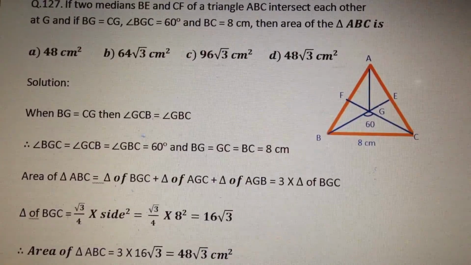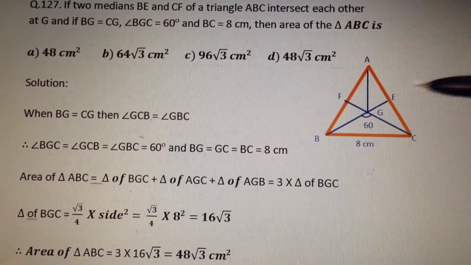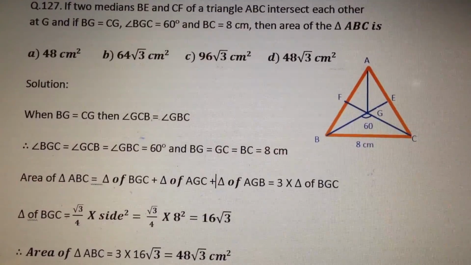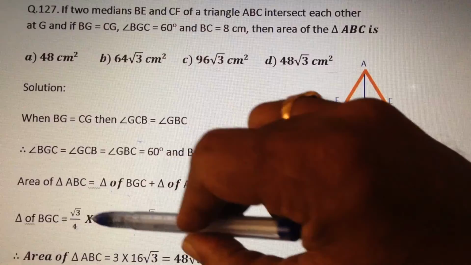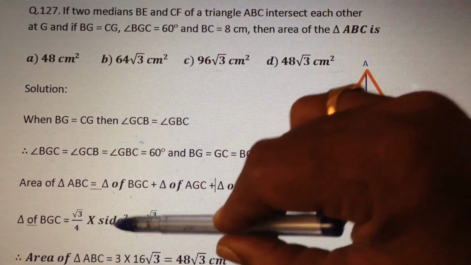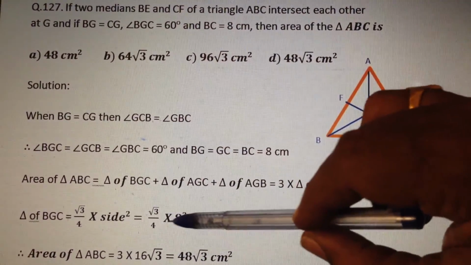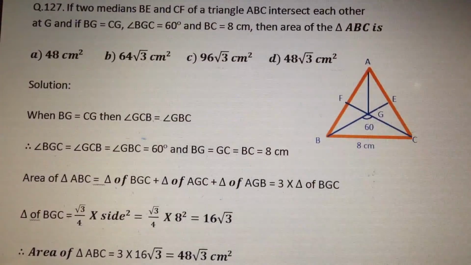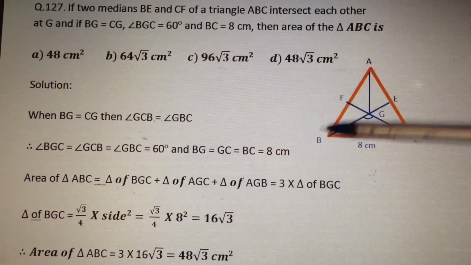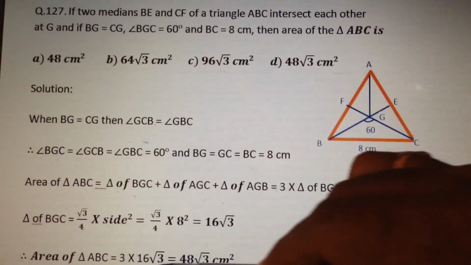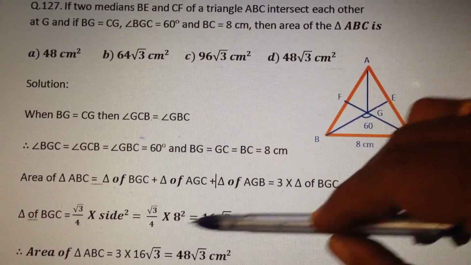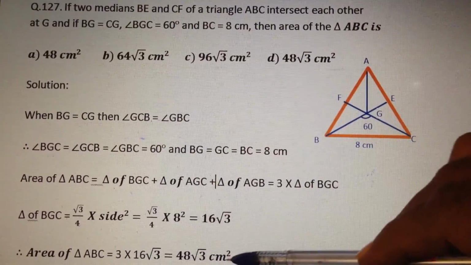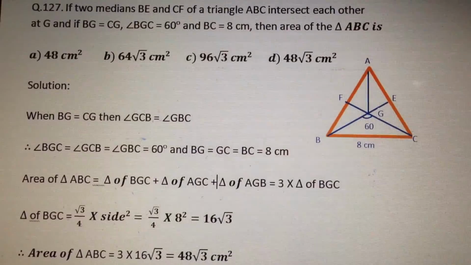We know the formula to find the area of the equilateral triangle, which is root 3 by 4 into side square. Therefore, area of BGC is equal to root 3 by 4 into 8 square, which is equal to 16 root 3. Therefore, area of triangle ABC is equal to 3 into 16 root 3, which is equal to 48 root 3 square centimeters.